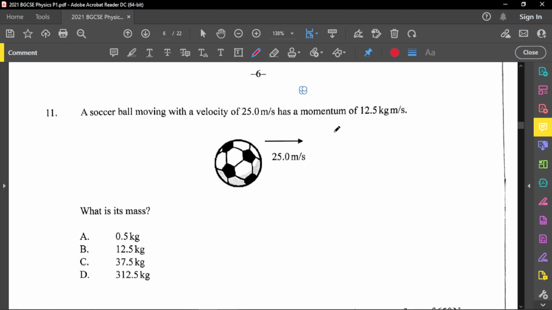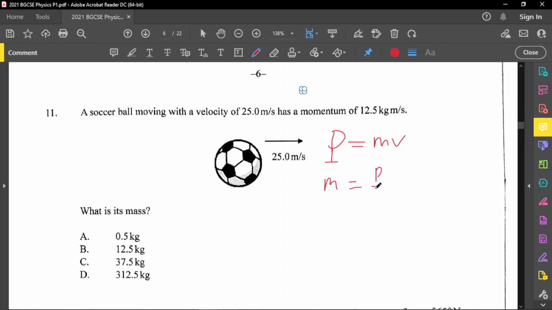And so this is based upon momentum. Let's quickly remind ourselves of the formula for momentum. Momentum is given as mass multiplied by velocity. And so therefore we know for sure now, if you want to find mass, mass will equal the momentum divided by the velocity.